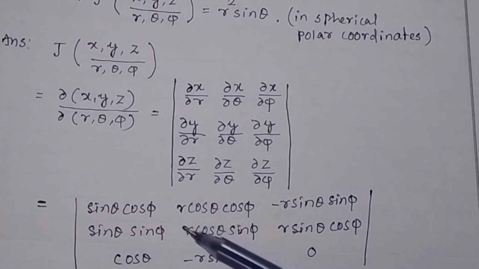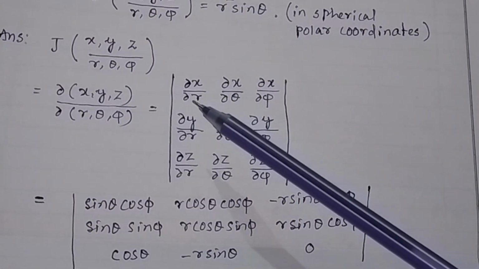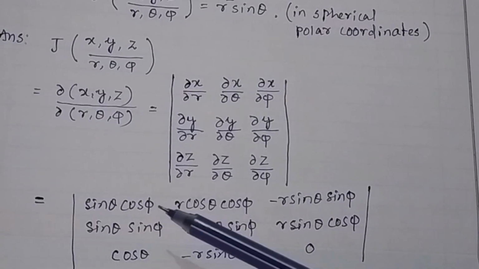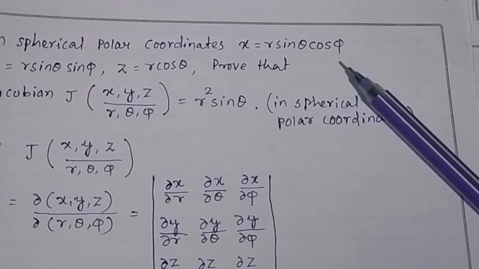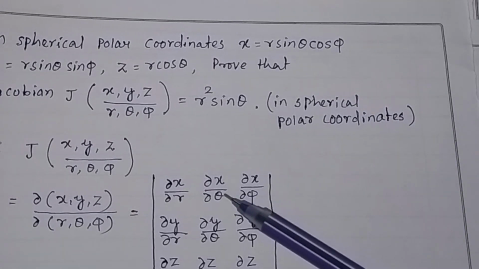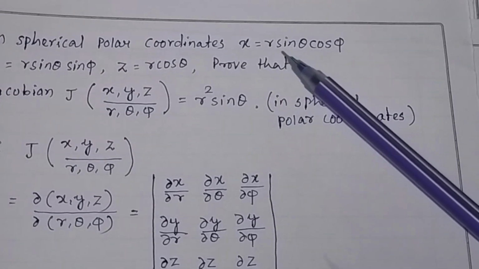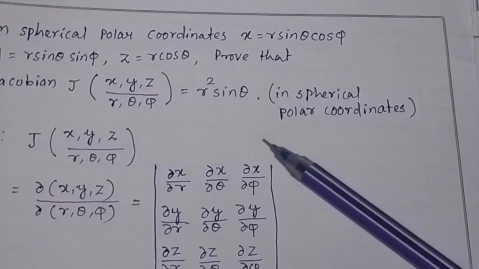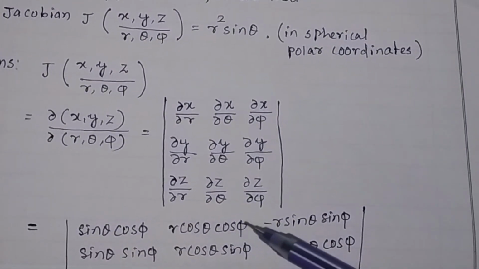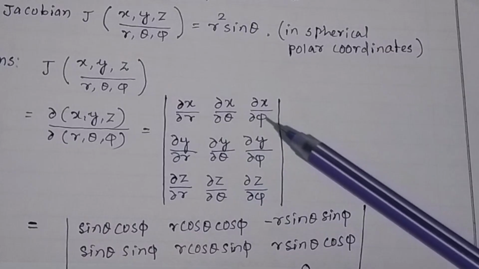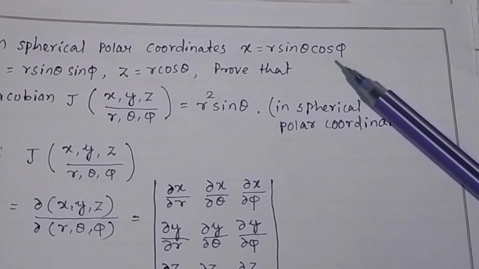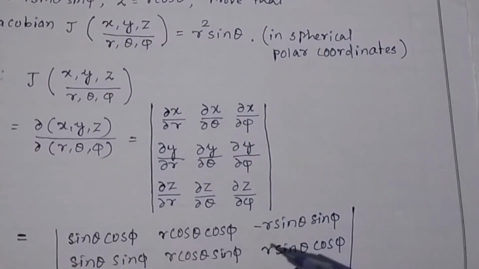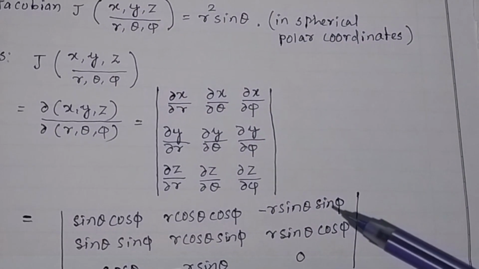Similarly, x is given as r sin theta cos phi, so the partial derivative of x with respect to theta is r cos theta cos phi. Then the partial derivative of x with respect to phi will be equal to minus r sin theta sin phi.